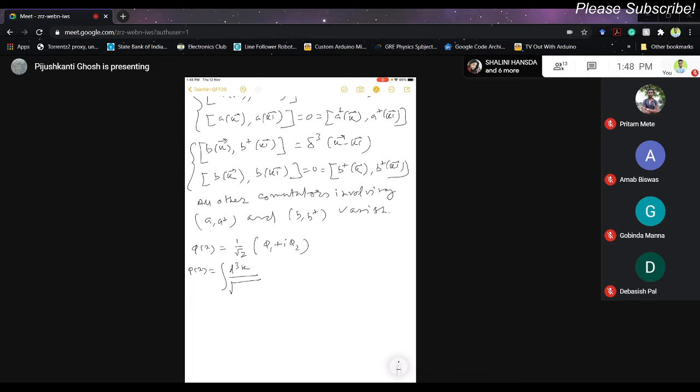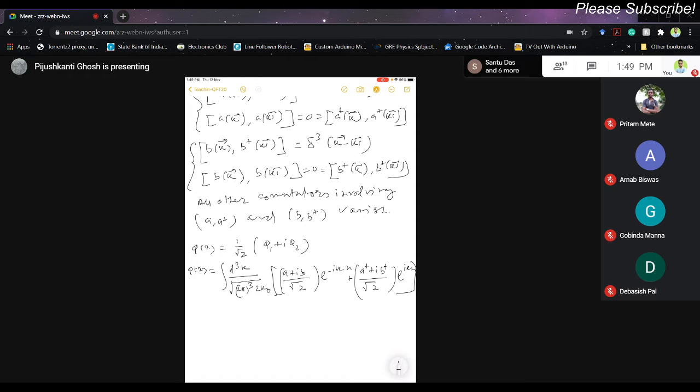d^3k on to both phi 1 and phi 2, over (2 pi)^3 2k naught. So I'm taking then a plus i b by root over 2, e to the power minus i k dot x, plus a dagger plus i b dagger by root over 2, e to the power i k dot x.